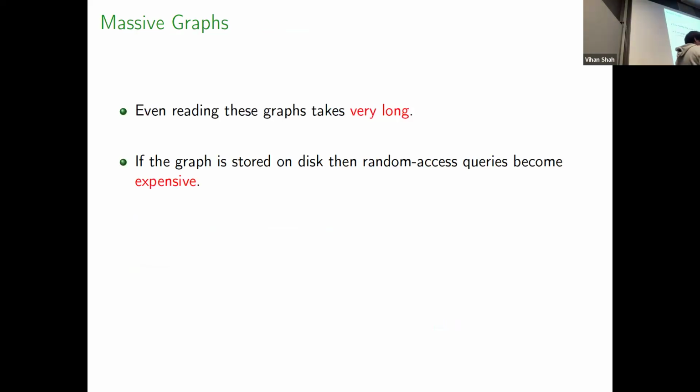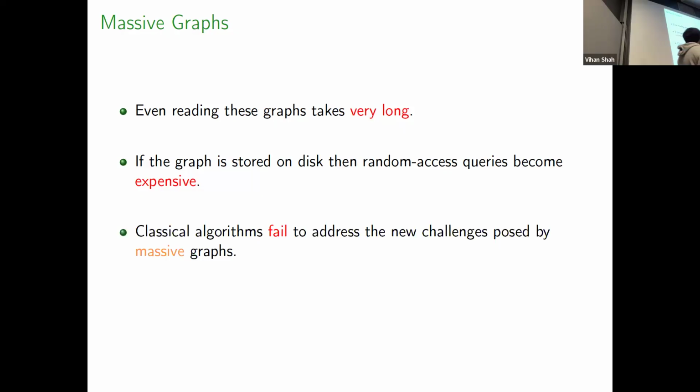So if the graph is stored on disk, for example, random access queries become expensive. And so classical algorithms fail to address some of these challenges posed by massive graphs. And so we're going to use sublinear time algorithms to fix this. And why? Because you're going to use only few random access queries.